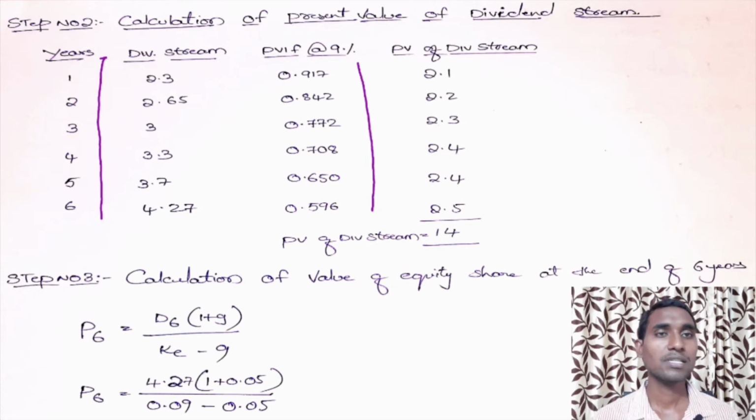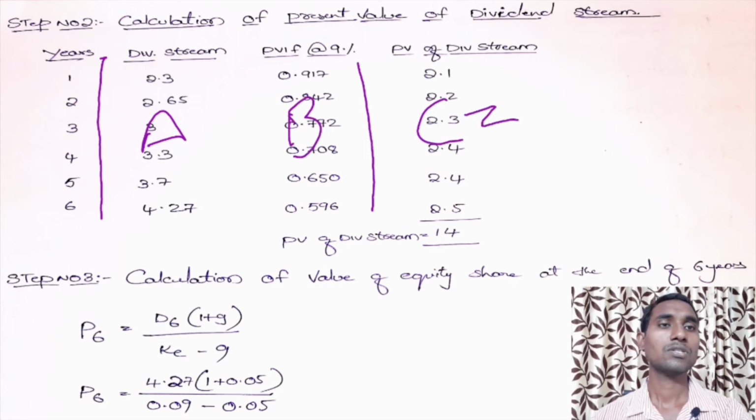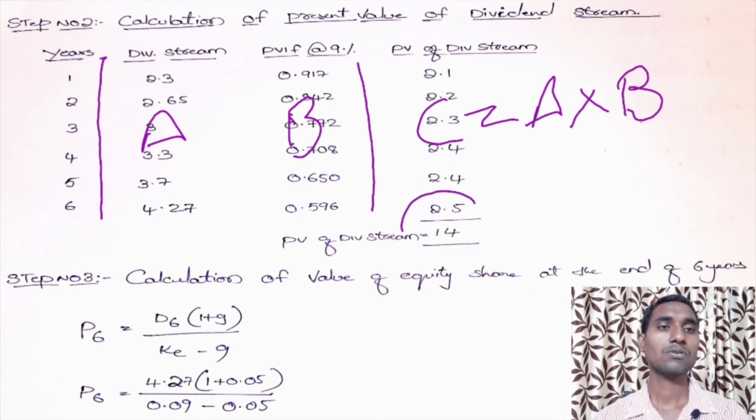For your reference, a link to the A3 table values is given in the description box. Please click on the link to view the table values. I have assumed this as A, this as B, and C is equal to A into B. So I got this total.